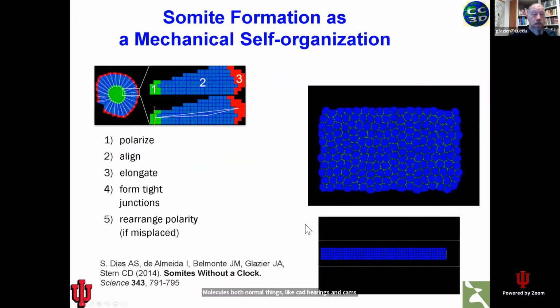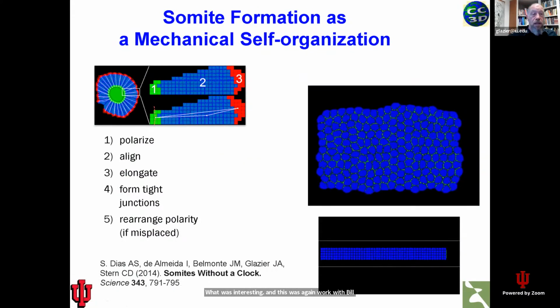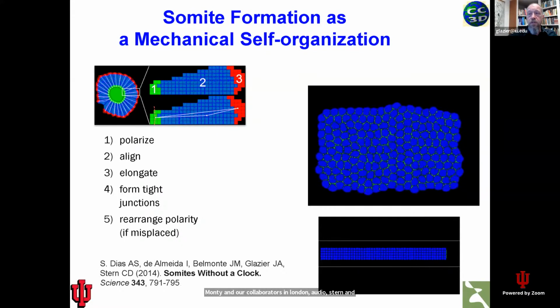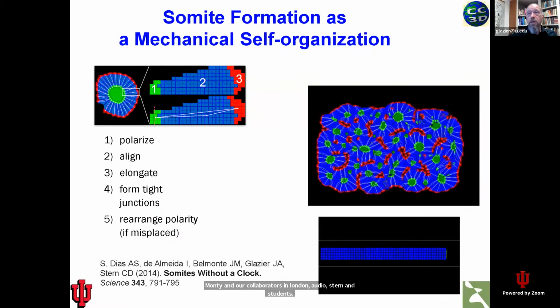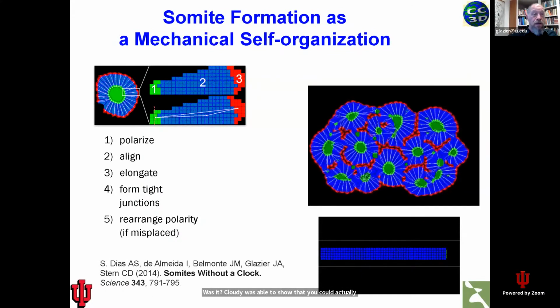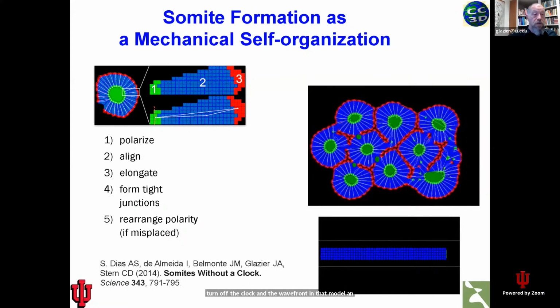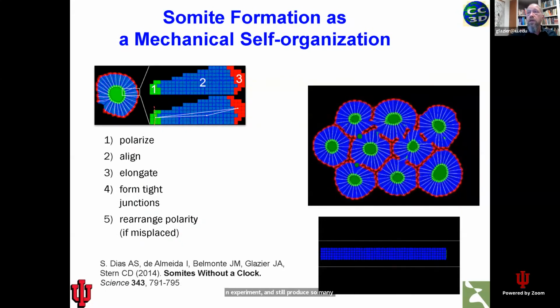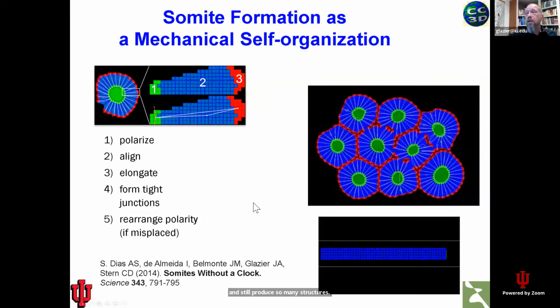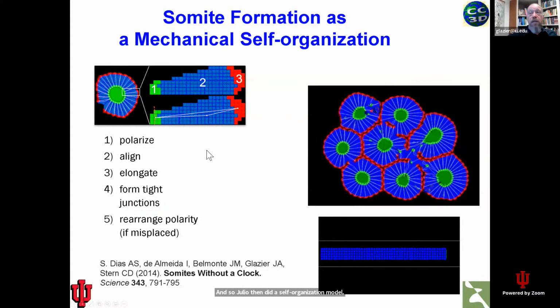What was interesting, and this was again work with Giulio Belmonte and our collaborators in London, Claudio Stern and his students, was that Claudio was able to show that you could actually turn off the clock and the wavefront in that model, in the experiment, and still produce somitic structures. And so Giulio then did a self-organization model. People were asking about compartmental cells and elongation.